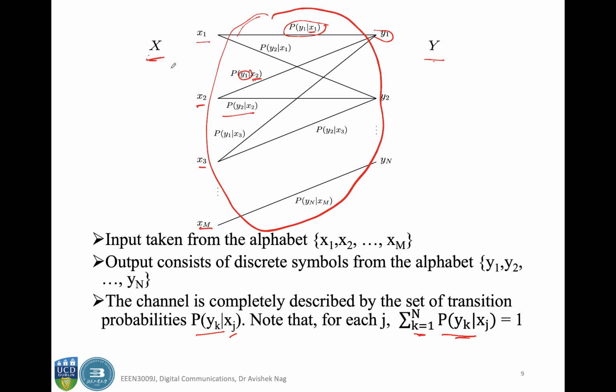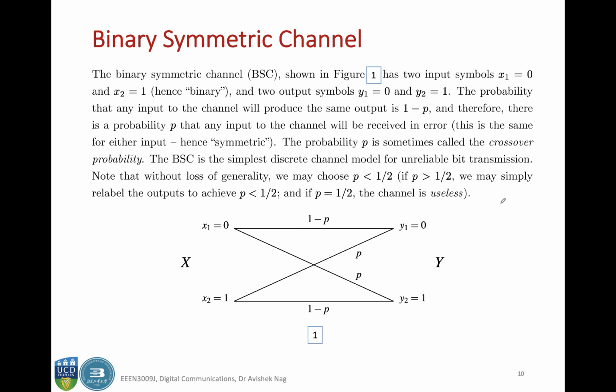Now there are a few special cases. In the general case we have m inputs and n outputs. Now if you have, let's say, 2 inputs and 2 outputs, then we call it a binary symmetric channel. So you have the input alphabet which consists of 2 symbols x1 and x2 that can be equal to 0 and 1, and in the output also we have 2 symbols y1 and y2 which can again be equal to 0 and 1.